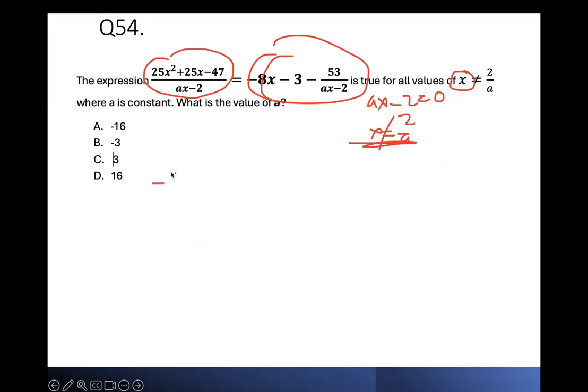So this multiplied by ax minus 2, minus 3 ax minus 2, minus 53. The 53 is going to cancel because it has already ax minus 2. And therefore, this is what the left side of the equation is going to look like.